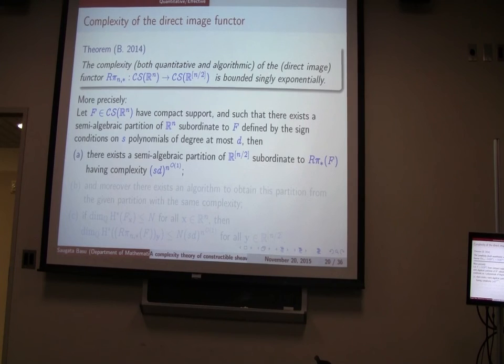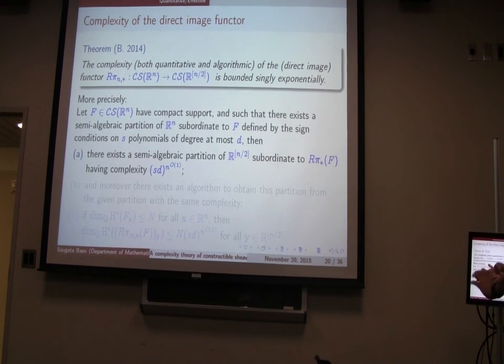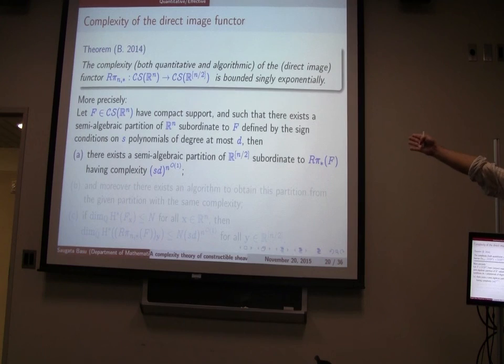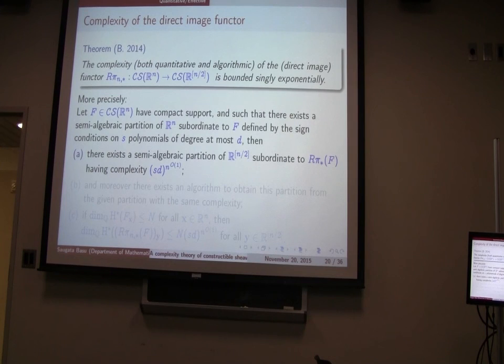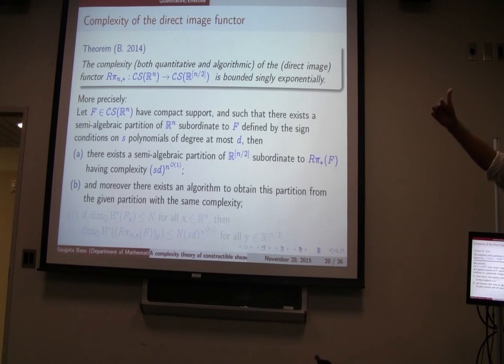Then the first statement is that there exists a semi-algebraic partition of R^(n/2), subordinate to the direct image, which depends just on this partition, whose complexity is (sd)^(n^c), singly exponential, meaning the exponent is a polynomial in n. By complexity of a partition I mean a bound on the number of polynomials and their degrees. And moreover, there exists an algorithm to obtain this partition starting from the partition upstairs.